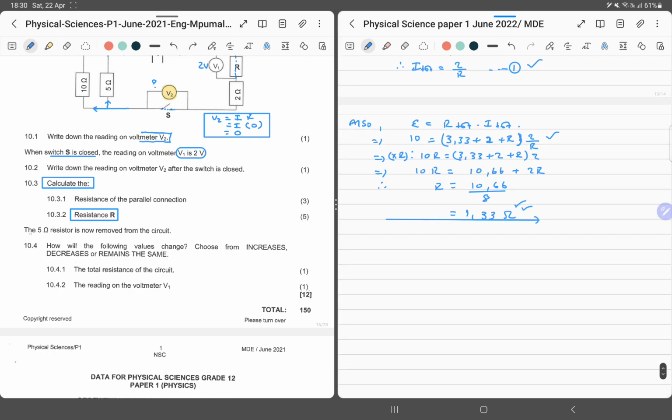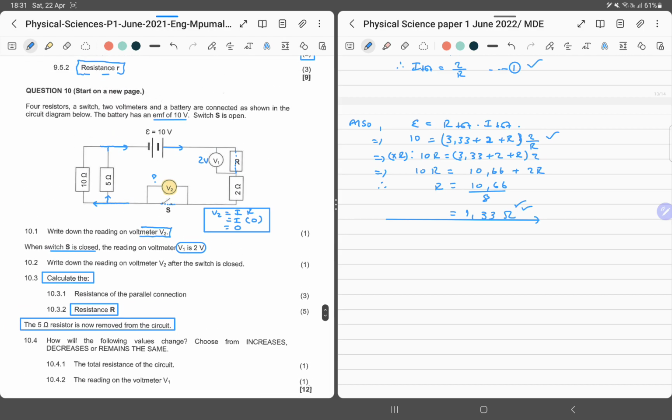So we're told here that the 5 ohm resistor is removed from the circuit. Okay, so what happens when we remove this one? It means that the current no longer goes in here. So it basically goes that way. So we are removing the parallel connection. We're leaving the connection in series now.